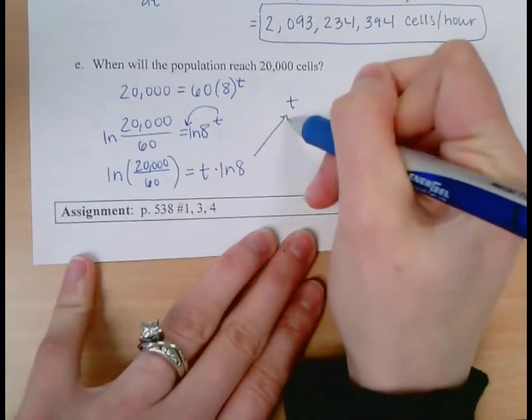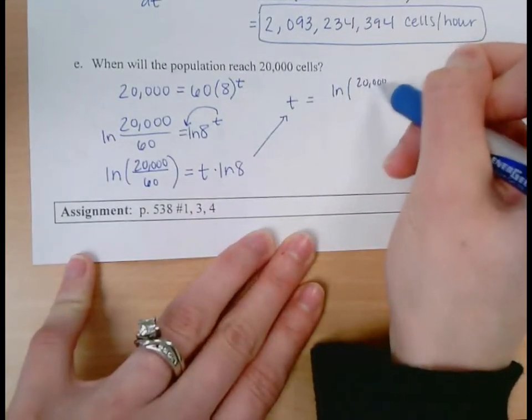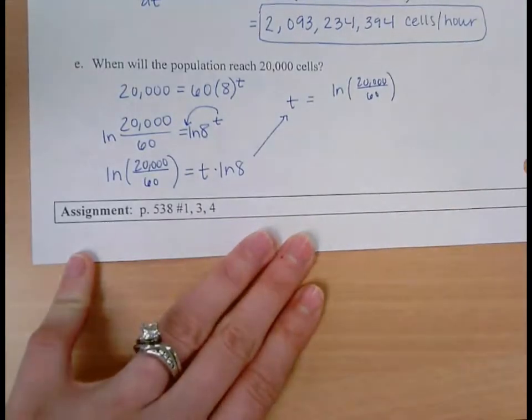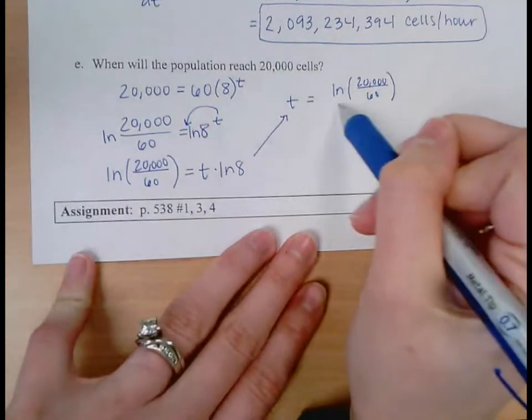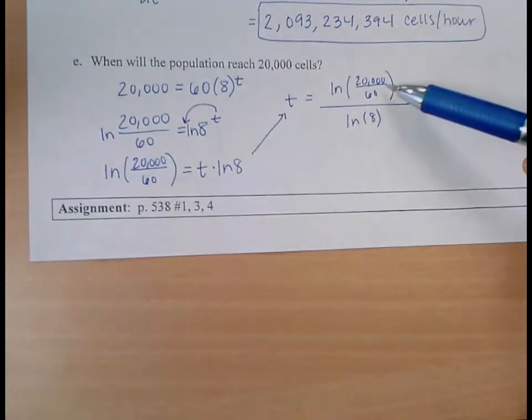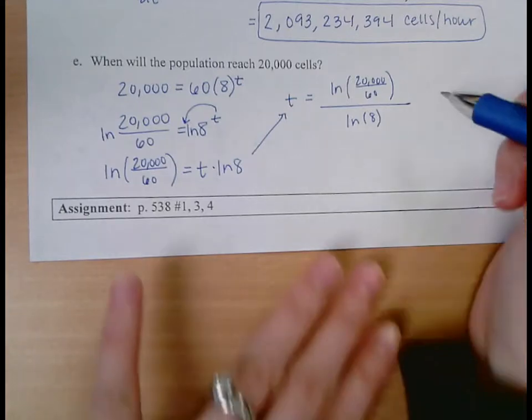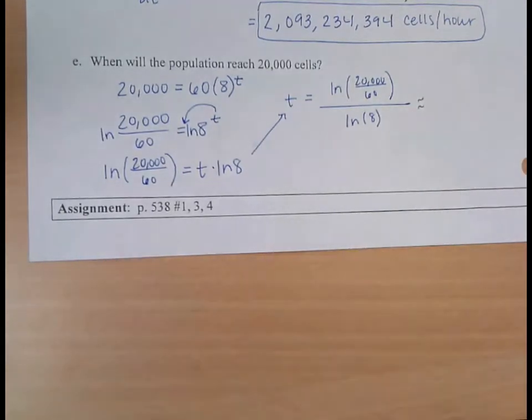So t is equal to, and I know this is messy looking here, the natural log of 20,000 divided by 60 divided by natural log of 8. And yes, you would have to type those in. Those are two separate natural logs. So you can't combine them to just be natural log of 20,000 divided by 60 divided by 8. So I will put the answer down. You should make sure, though, that on your calculators you can get this.